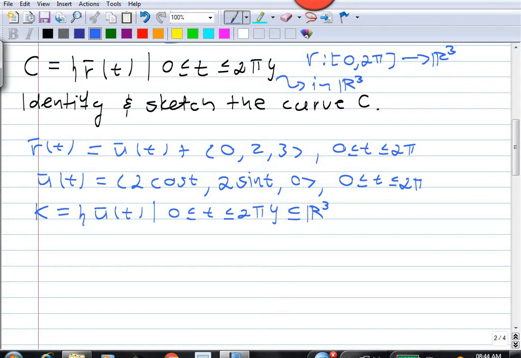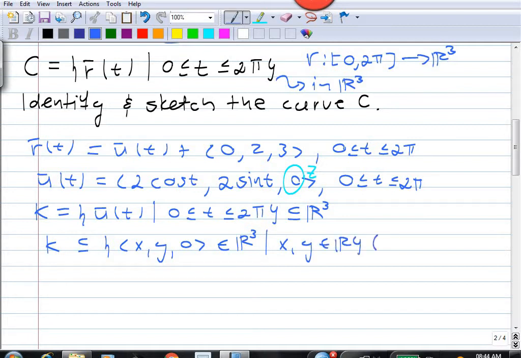Now, what can we say about K? Well, the first thing that we can note is that the z component is 0. So that means that our curve K is contained in the xy plane. So that's all the vectors or points of this form. The xy plane.